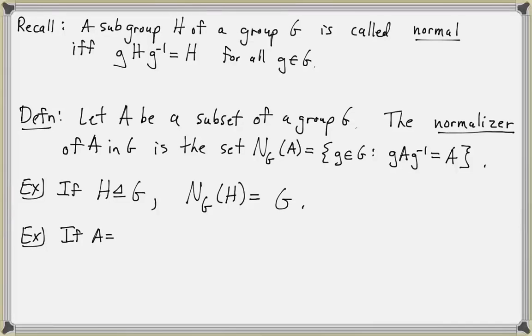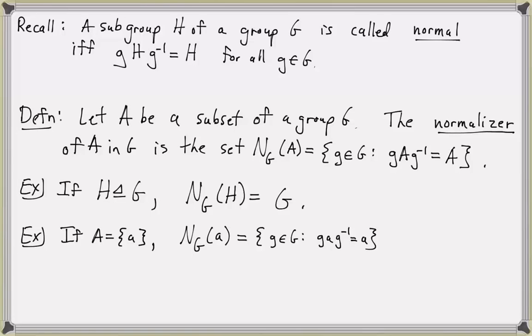If our set A just contains one element a, then we usually write the normalizer of just the little a, and this is defined as the set of g in G such that g a g inverse equals a.